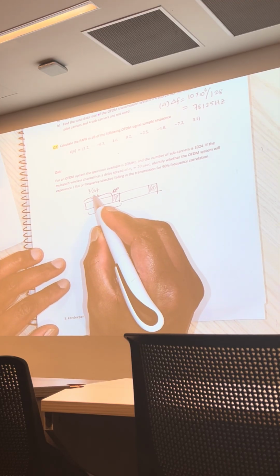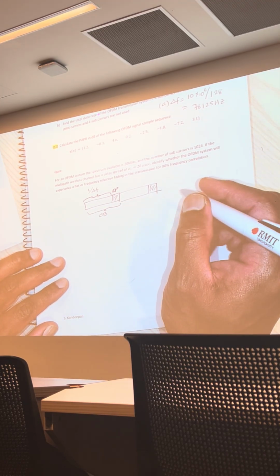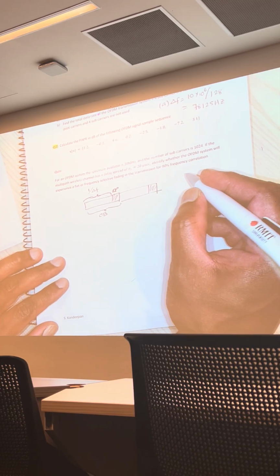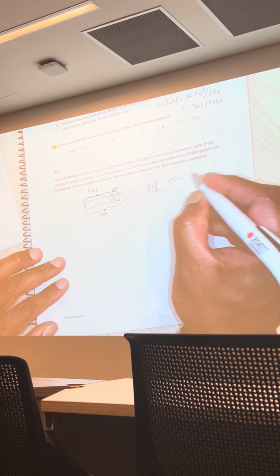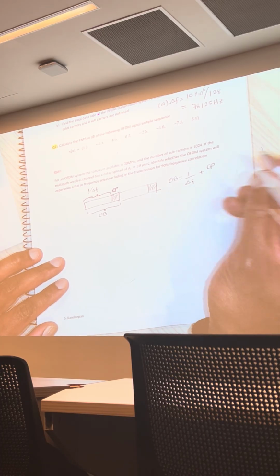So this is 1 on delta F, this is the cyclic prefix, and this is OB, the OFDM block length. So your OB is pretty much 1 on delta F plus the cyclic prefix.